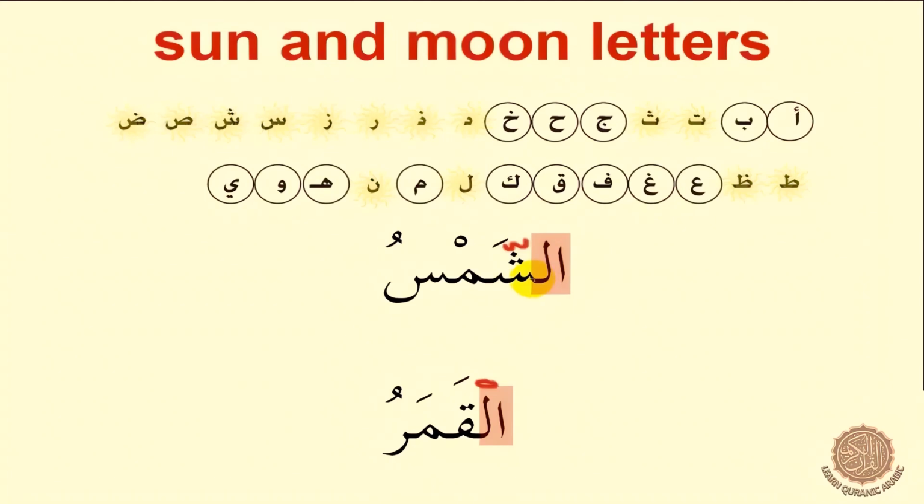Because notice when you say al-shams, it's not smooth. Rather than ash-shams, which flows and is nicer to hear. However, with al-qamar, there's no issues with that. And that's because the articulation point of the lam and the qaf are far apart. So the al is where the teeth and the tongue come together, and the qaf, aq, comes from the throat, which is far from the articulation point of the lam.